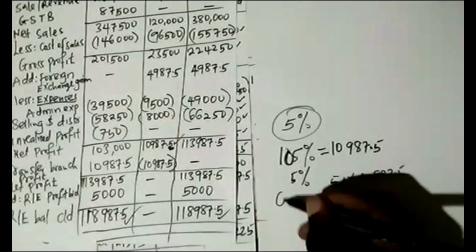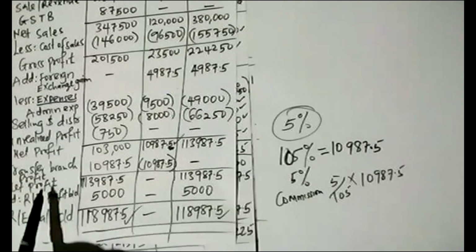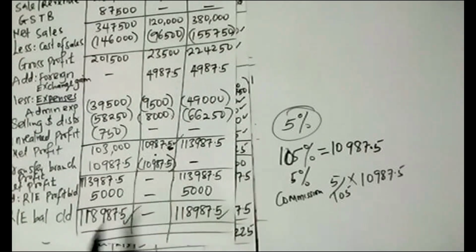That will be the commission, which you subtract from the branch profit and under the combined, before now making any transfer. Then the process will continue the same way.